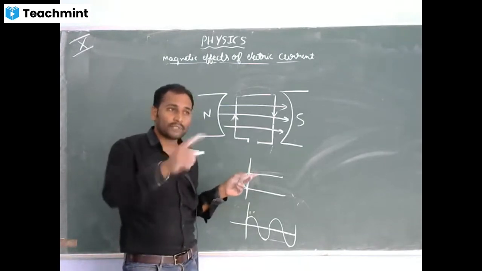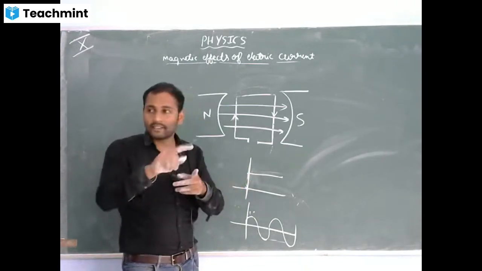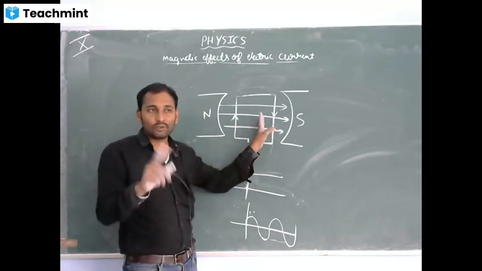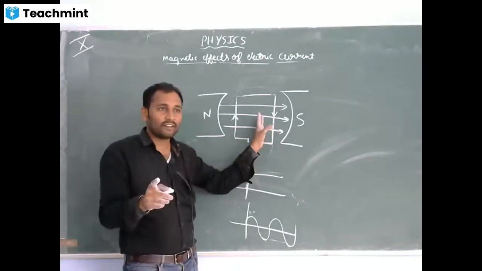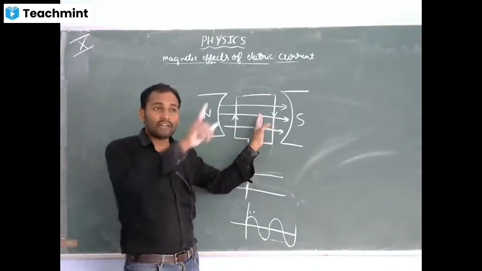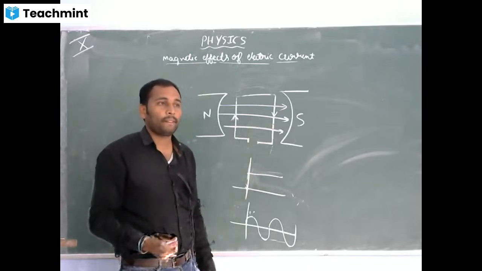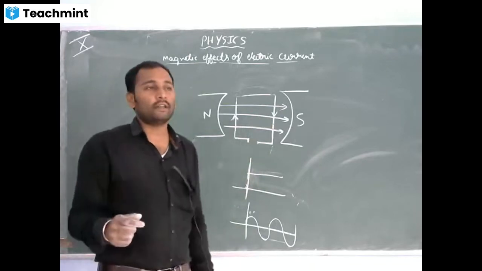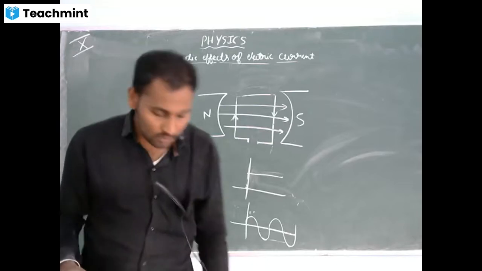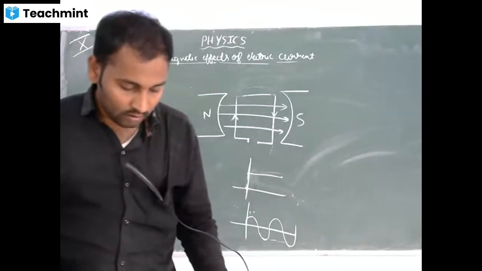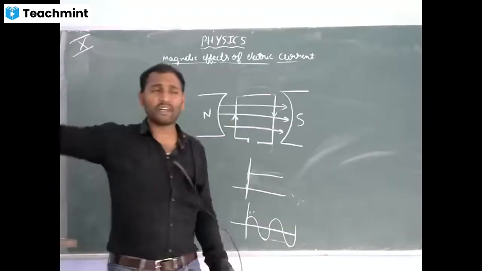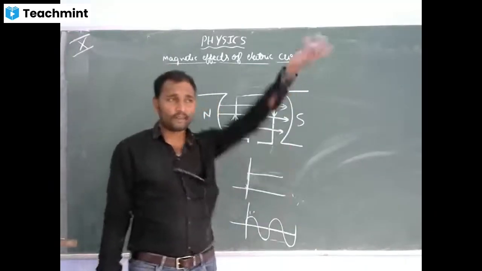So the current direction keeps on changing. As the current direction keeps on changing, rotation should also change, right? But still the fan will rotate only in one direction. Why? Because it is a DC motor, but the current we are giving is AC.